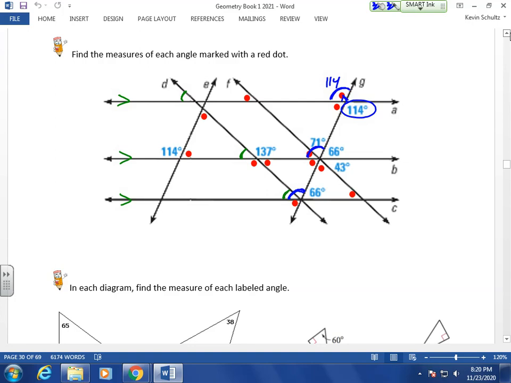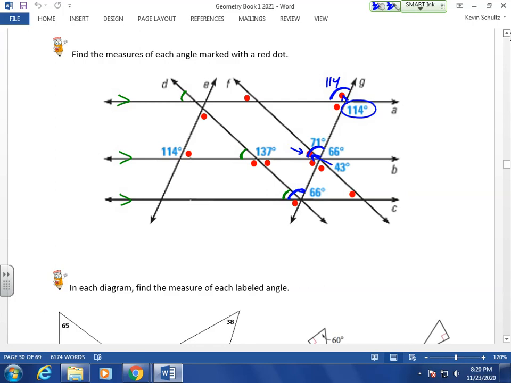So if you know that top angle there is 114, that can get you this dot. It's not obviously 114, but since that angle includes both the red dot and the 71, 114 minus 71 would get you the measure of that red dot. You could also get that by looking at vertical angles from this 43 here. It's going to be congruent.